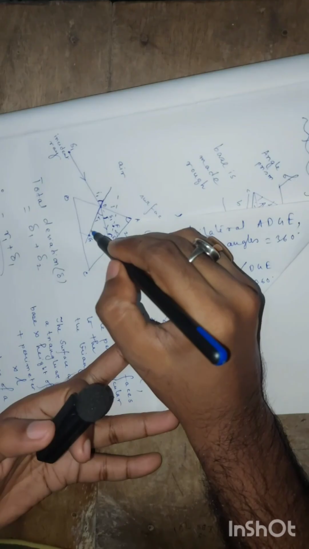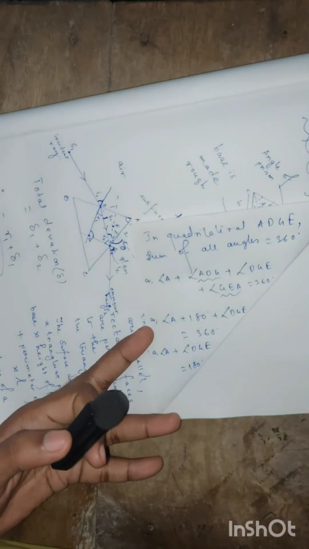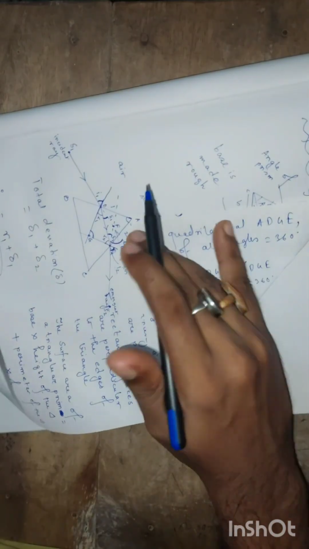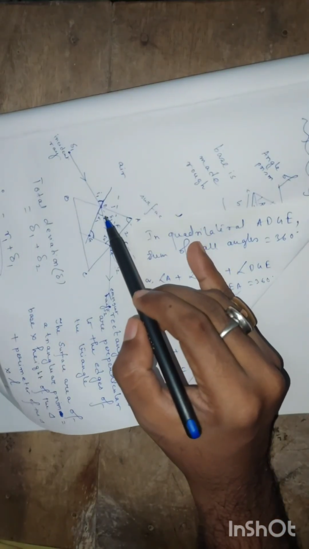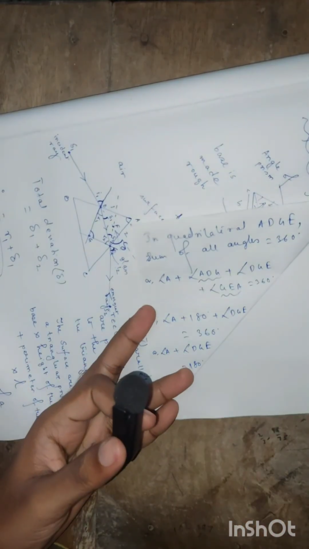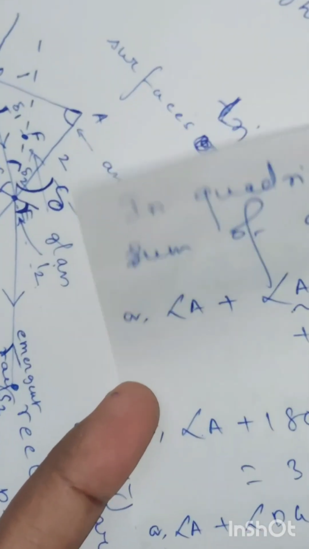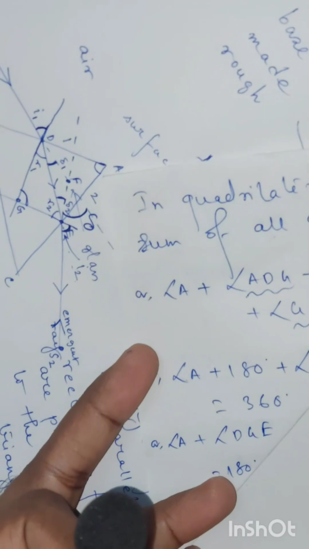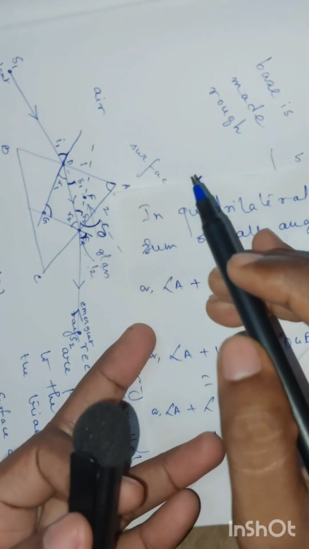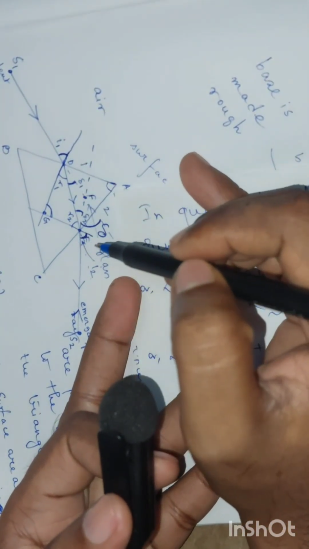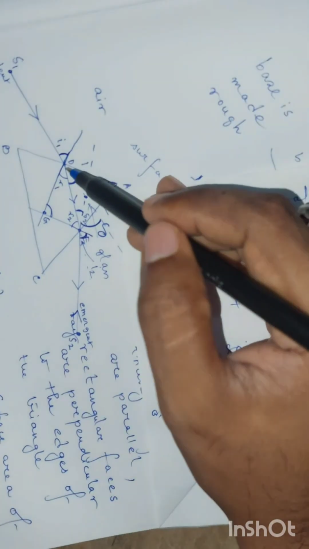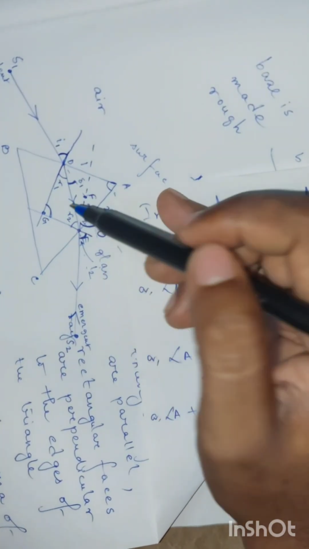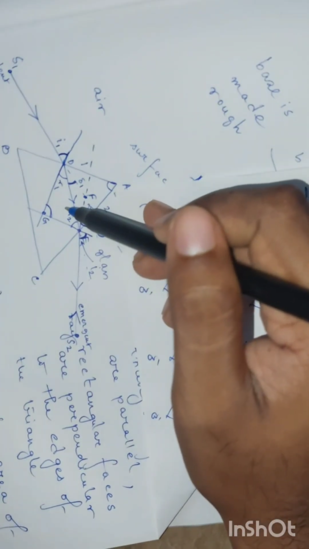Now DGE, if we think about this angle, in triangle DGE, the sum of all angles is equal to 180 degree because it is a triangle.